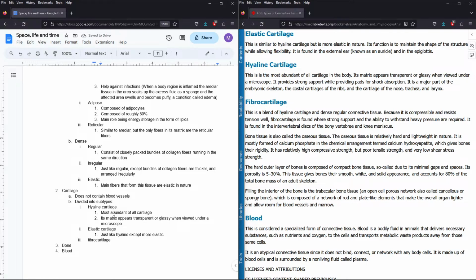It provides strong support while providing parts for shock absorption. Also called articular cartilage, it is found at the ends of your bones.